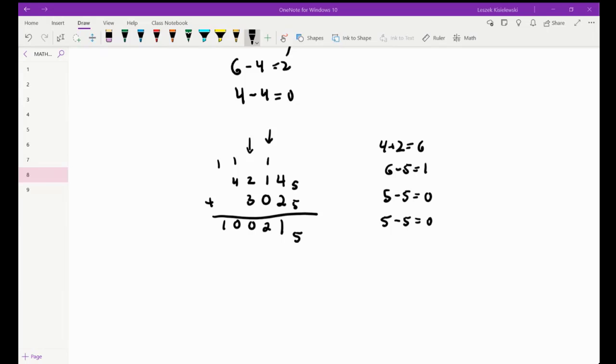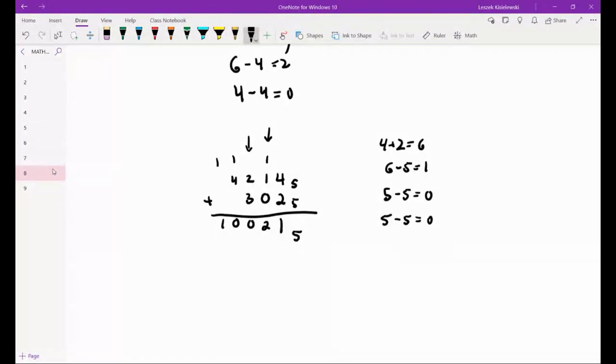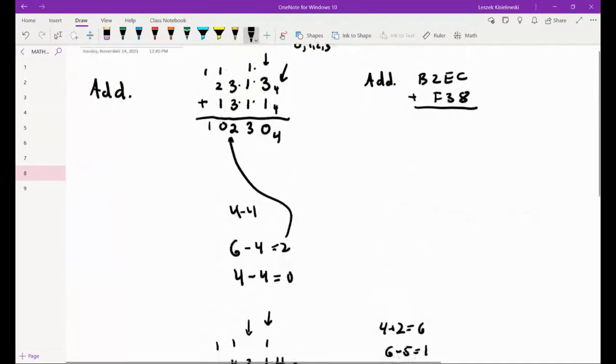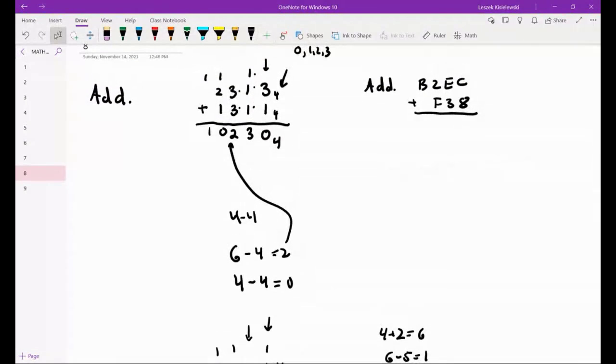All right. So what's the base value for hexadecimal? Let's look at hexadecimal.